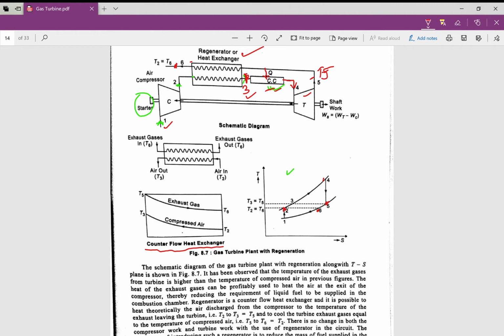This compressed air is moving in this direction and this hot gas is moving in the opposite direction. So we see compressed air moving in this direction and exhaust gas in the opposite direction, so we can say it is a counter flow heat exchanger. The same heat transfer taking place in the heat exchanger is shown over here.